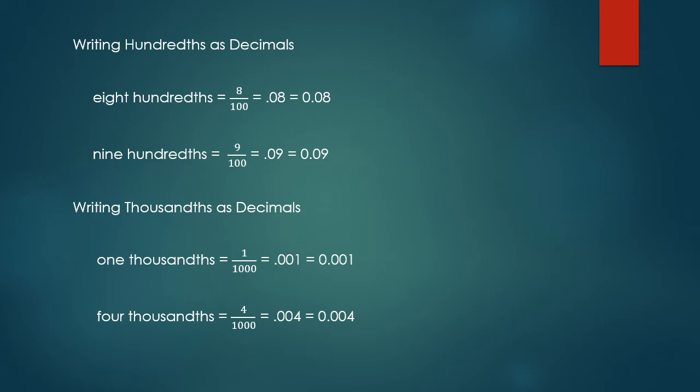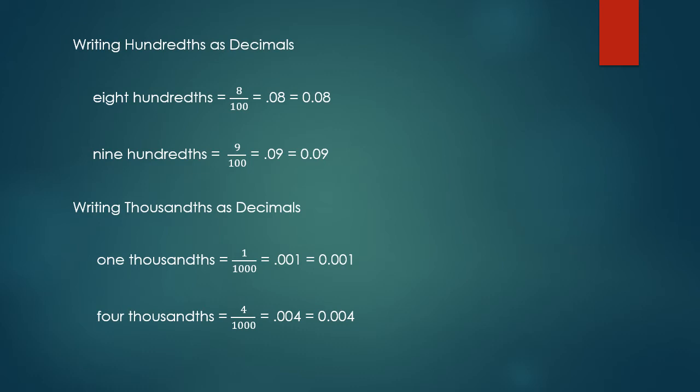Now, next is writing thousandths as decimal. We have seen how we can write tenths in decimal, then how we can write hundredths as decimal. Now thousandths as decimal. Let's see the example.